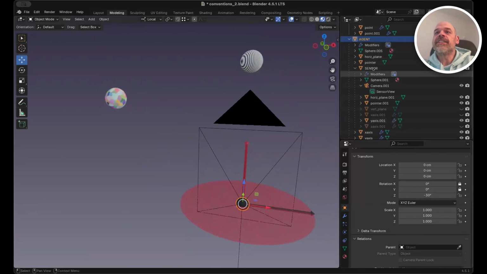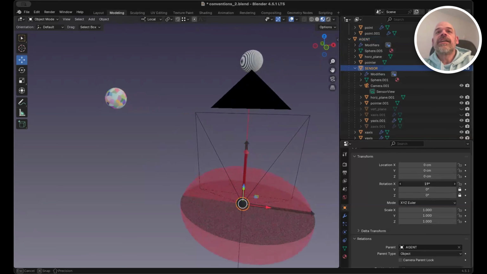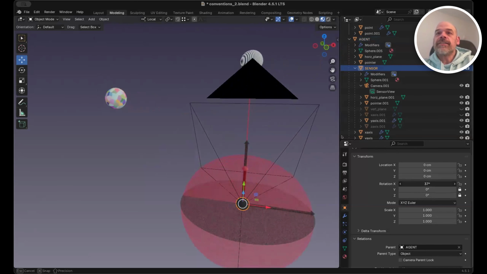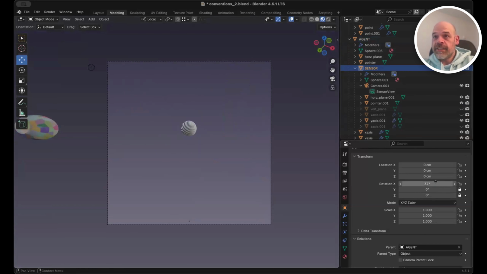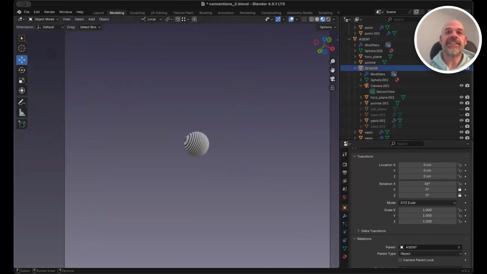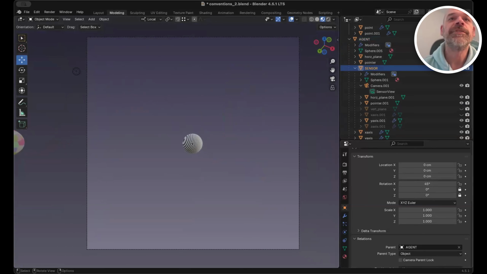I'm going to grab my sensor and pitch it up by, all right, let me go into camera view here and see how we're doing. Pretty good, 45 degrees. We're right in the center there. There's a little red dot from my targeter, but it's dead on in the center. All right, so all good, right?